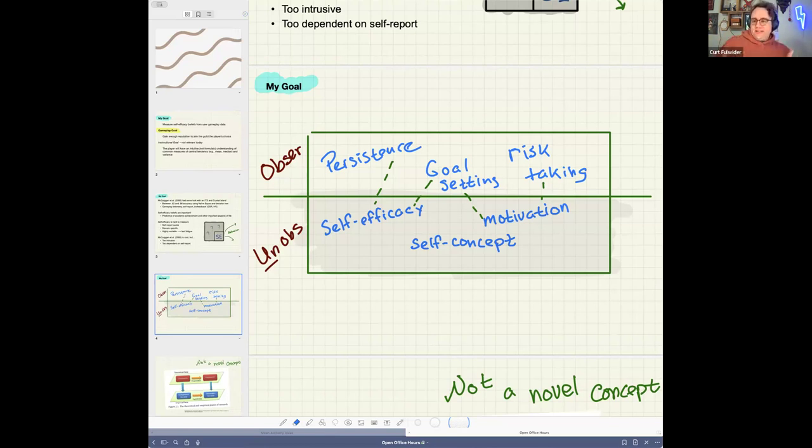These are observable by definition: persistence, number of attempts, time spent on a difficult task. And there's a complex system going on between all of these where self-efficacy and the unobservables are influencing the observables. So I want to focus on using the observables to get an idea of the unobservables.